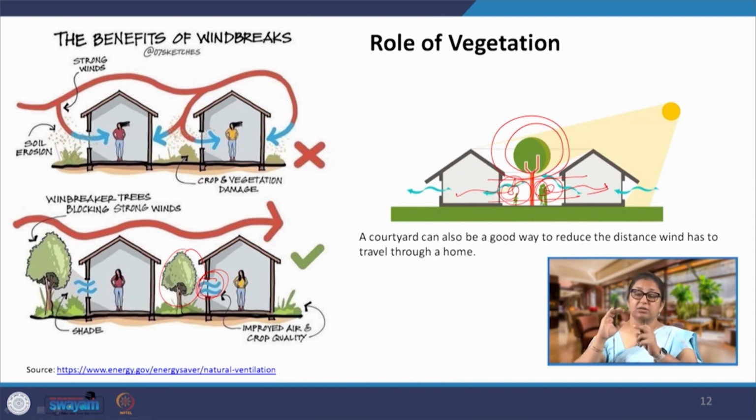So, the size of the tree, the vegetation that has to be provided, and also the proximity of it to the building is going to determine how much of a wind shadow is going to be created and how much ventilation is going to be facilitated.